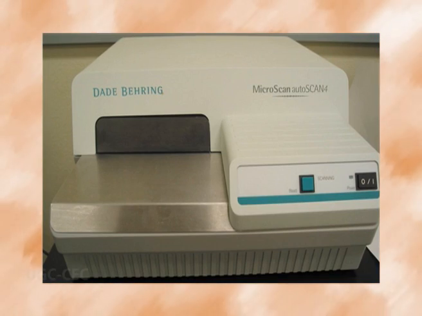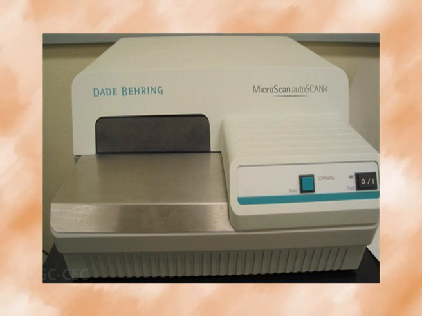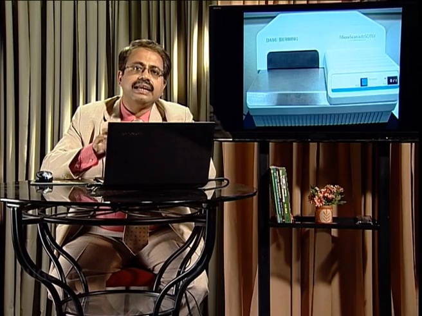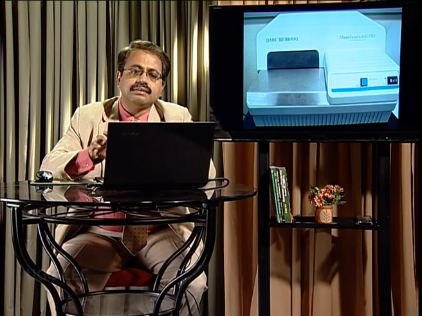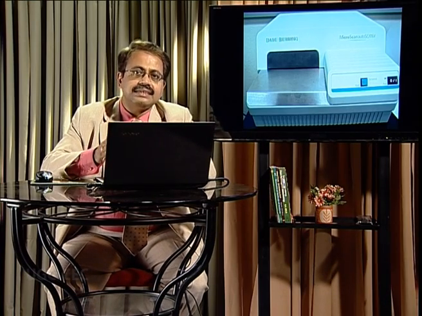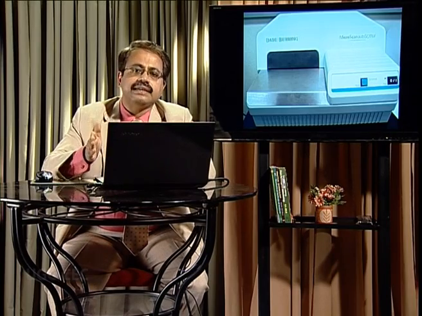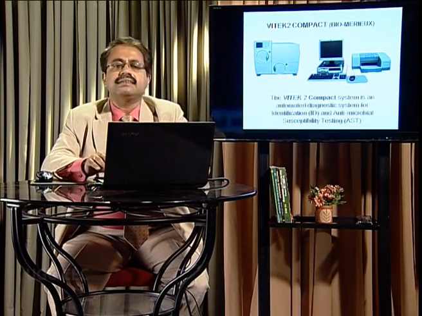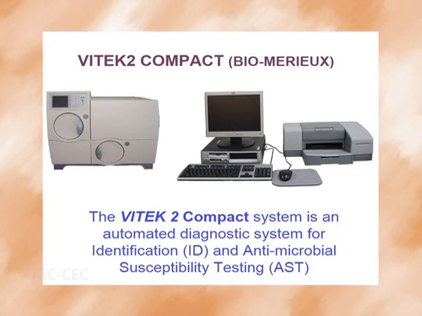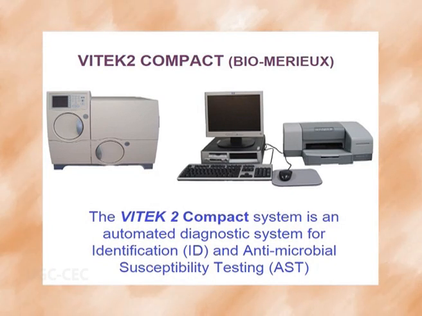So this is the reader where the panels after overnight incubation are introduced for taking the reading, and it will give the identification of the organism along with the sensitivity, and the sensitivity along with the breakpoint MICs. And this is the Vitek 2 compact system of bioMérieux, which is available in many of the laboratories.